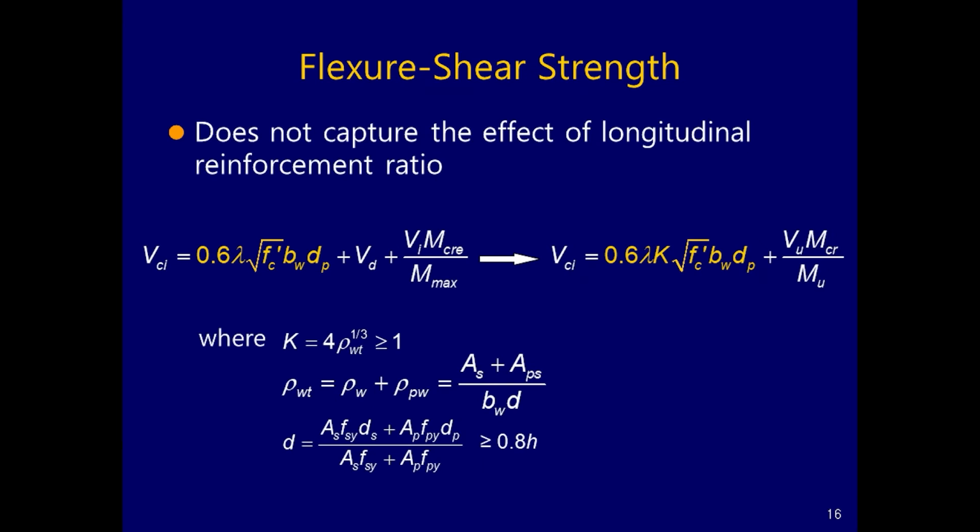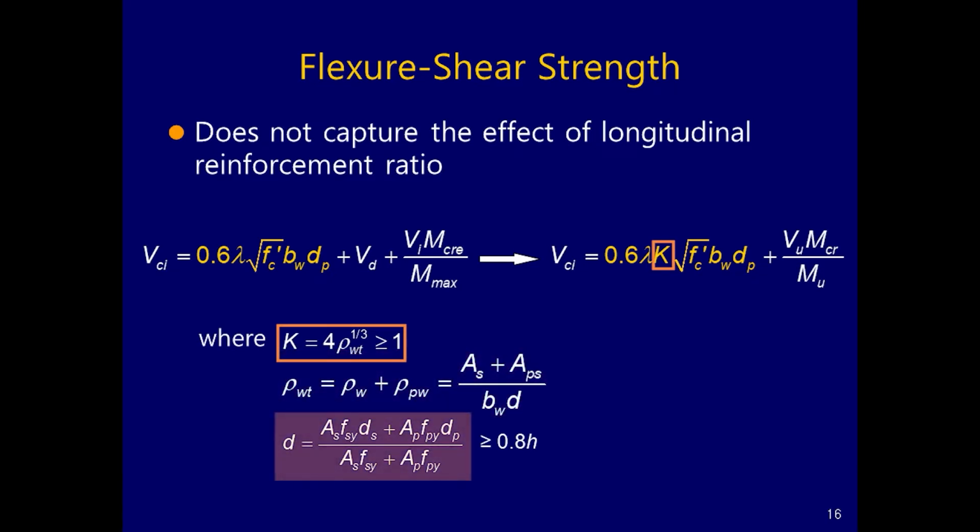And also, K factor is introduced. That is 4 times ρ_w to the 1/3 power. Raw ρ_w is calculated like this. Okay, d, by the way, is not defined by any code, but people believe that it is calculated like this.